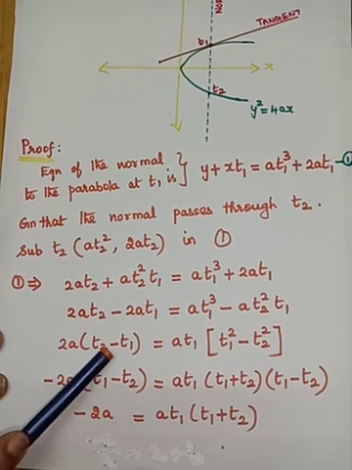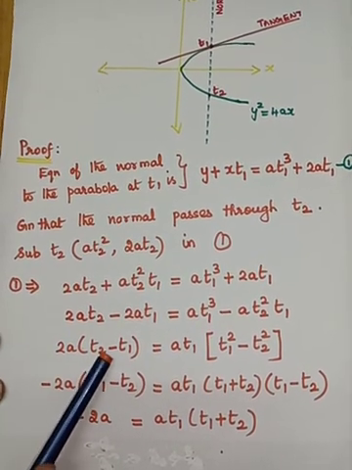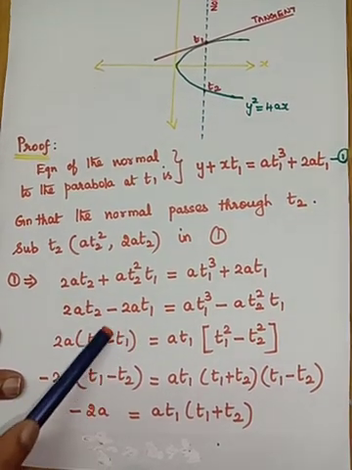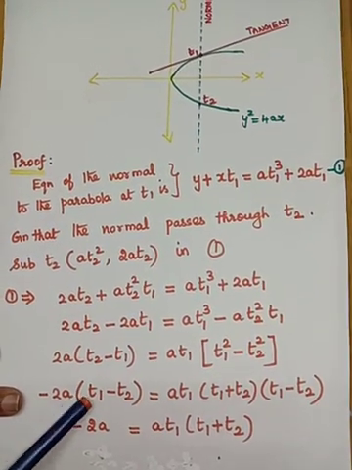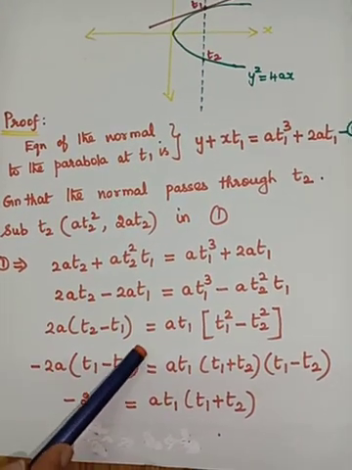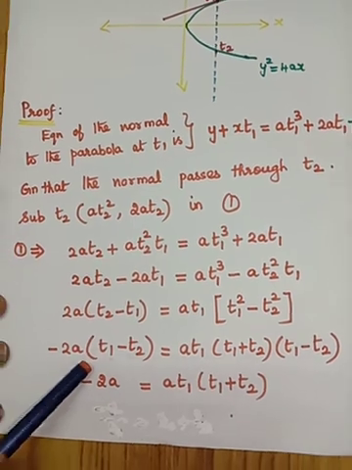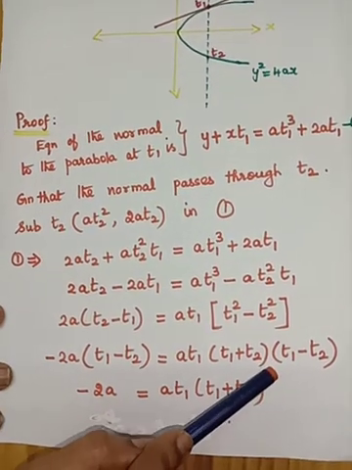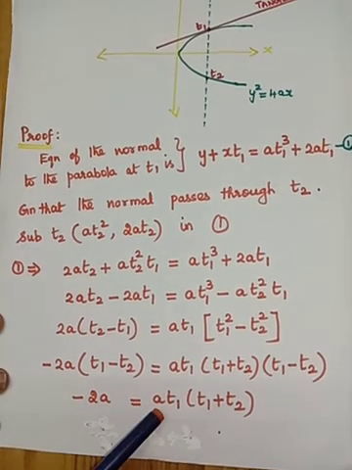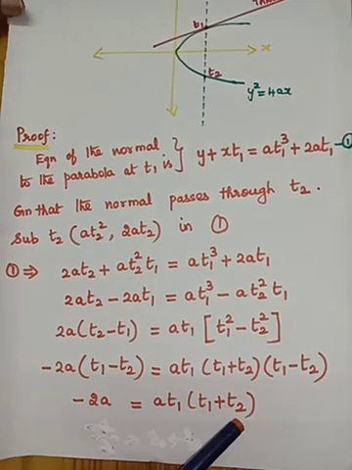Come to the left side. Here from these terms I am going to take minus out. When I take minus, this becomes positive and this becomes negative, so it becomes t1 minus t2. On the left side t1 minus t2, on the right side t1 minus t2, gets cancelled. What is remaining? Minus 2a is equal to a t1 into (t1 plus t2).